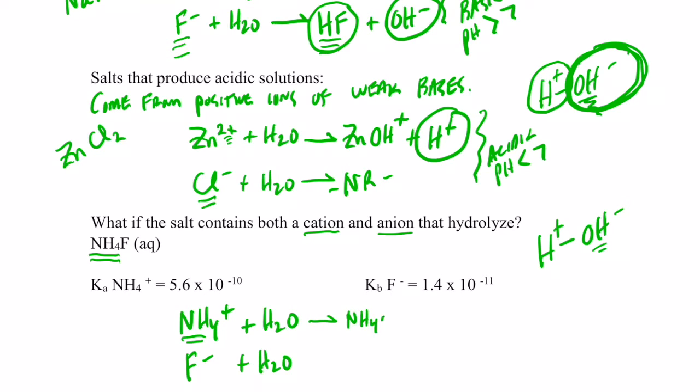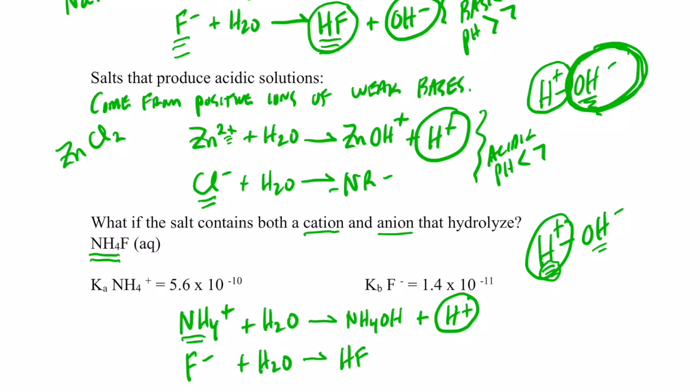NH4OH is a weak base, and they love to stick together. So when I do that, I will form NH4OHs, and I will have H pluses left over in my water solution. I will have made hydrogen ions and made that solution acidic. But wait a minute, I also have F negatives in my water. Well, F negatives react with the positive part of the water molecule to form HF.